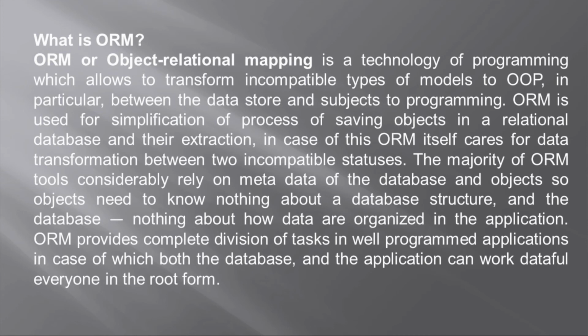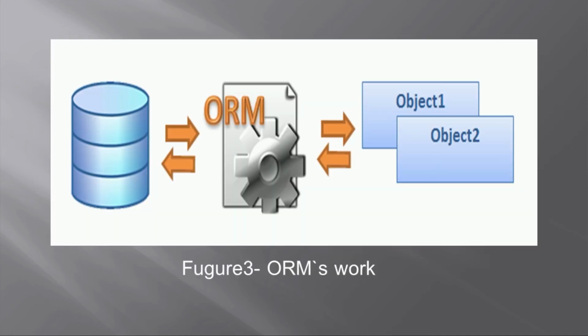ORM itself takes care of data transformation between two incompatible statuses. The majority of ORM tools considerably rely on metadata of the database and objects, so objects need to know nothing about the database structure. In this figure, you can see the structure of ORM's work.